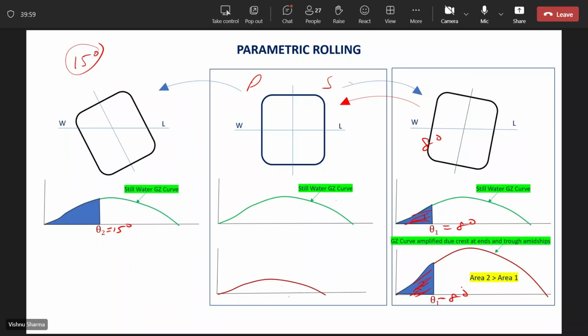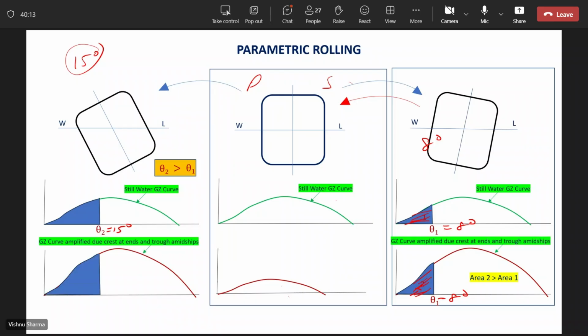As she starts back, the stability is again amplified or increased. The curve is again amplified. So up to theta 2, the area has further increased. From 15 degrees, if there was no wave action, this area would have been responsible for bringing her back. But now this area has further increased.